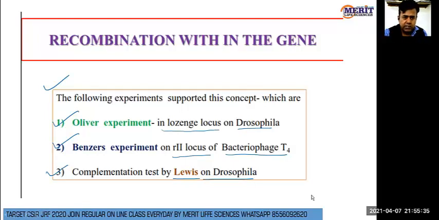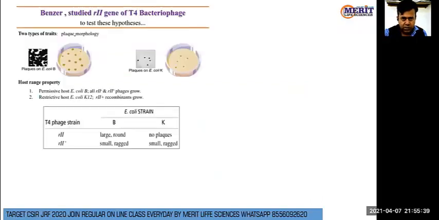So these are three different tests that were performed, and all the observations were the same. The most popular was Benzer's rII locus gene, and we have just discussed it based on the plaque morphology, right?